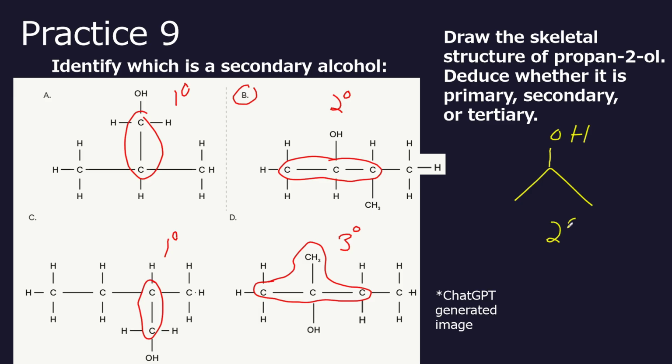So this is secondary. Okay, primary would be at the end of a chain like this, propan-1-ol. And tertiary can only really start from something like methylpropane, if we had an OH group there.